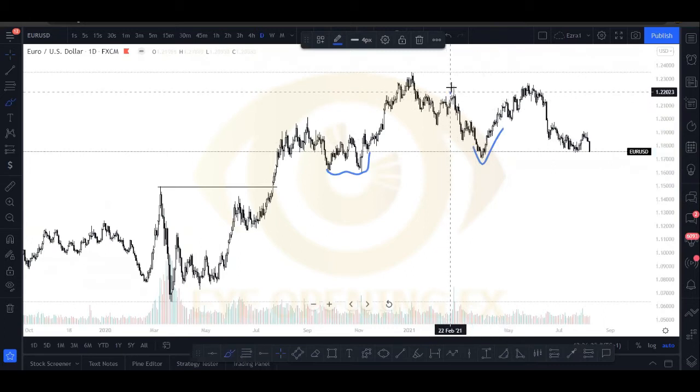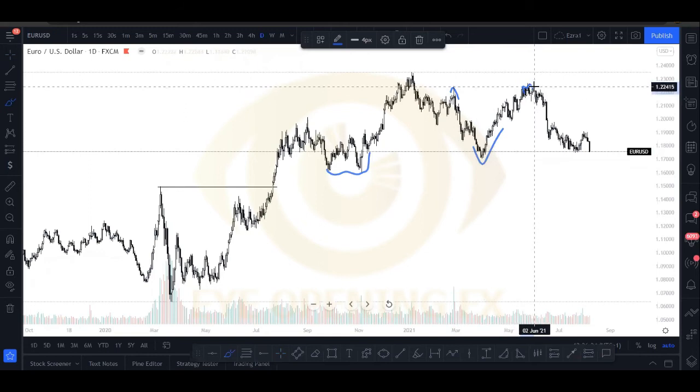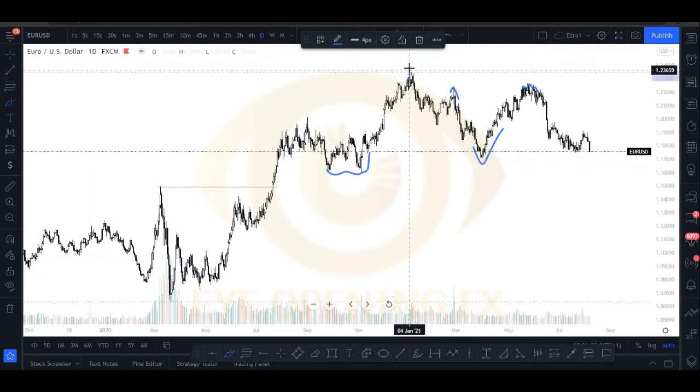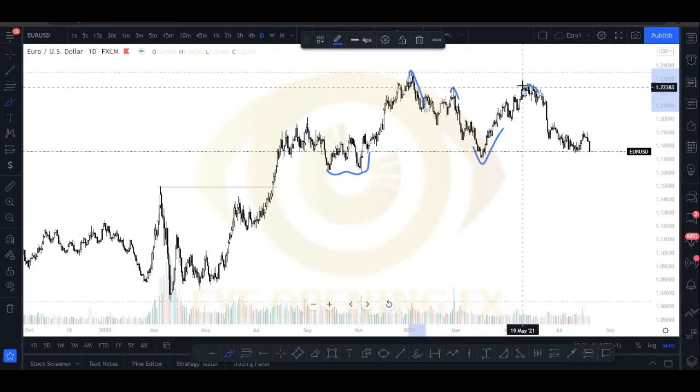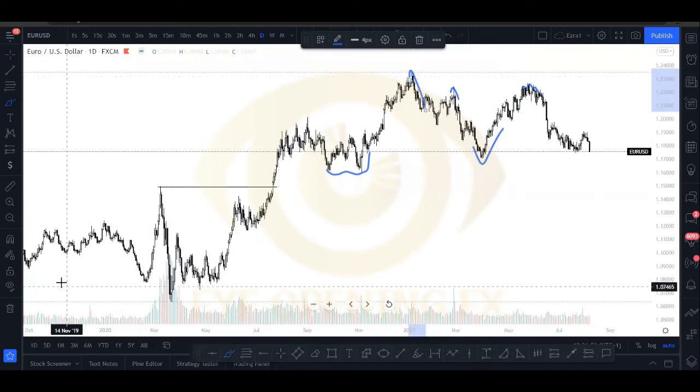When you give a sharp move, that is what we call strong rejection. When you give something like a little consolidation at point of interest before selling, that's what we call weak rejection. That is the major explanation for weak rejection and strong rejection.